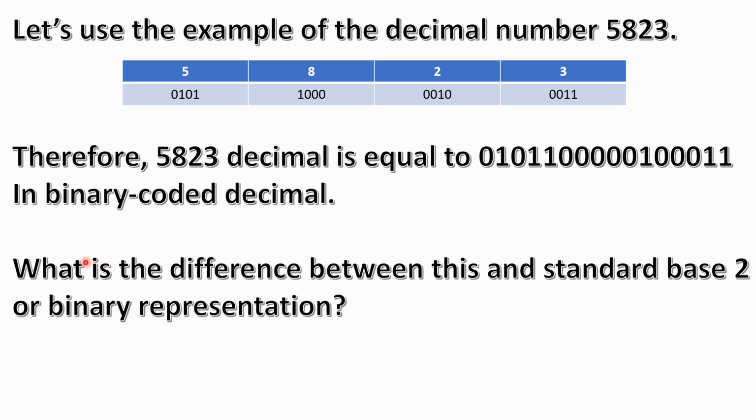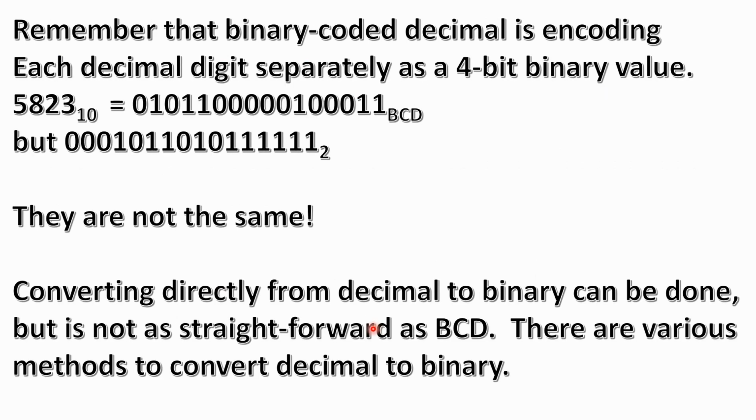So some people might ask, what's the difference between this and your standard base 2 or binary representation? Well, remember that binary coded decimal encodes each decimal digit separately as a 4-bit binary value.